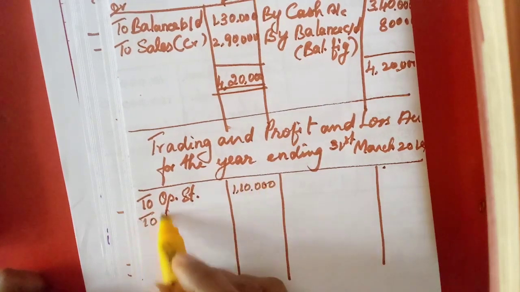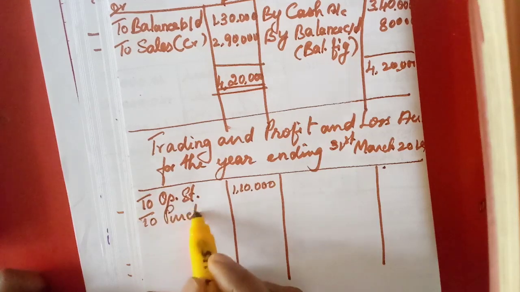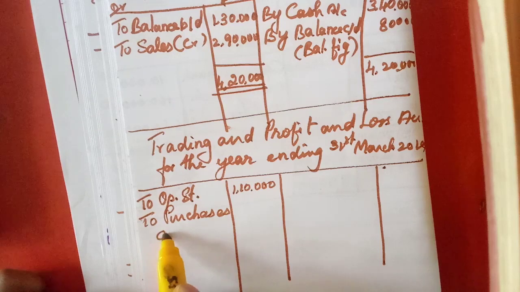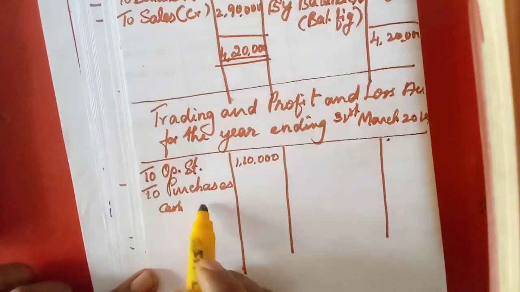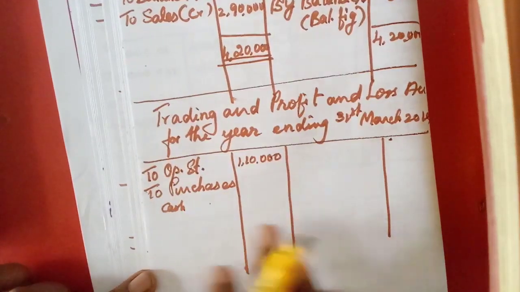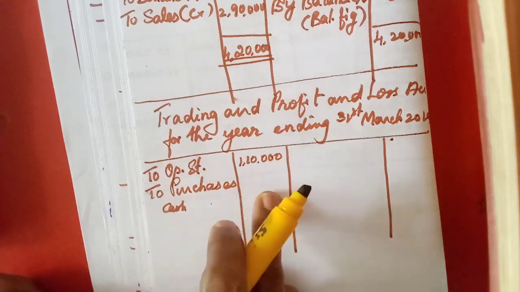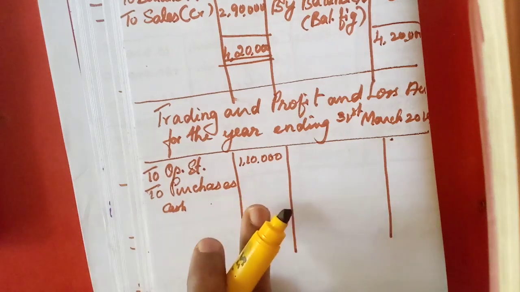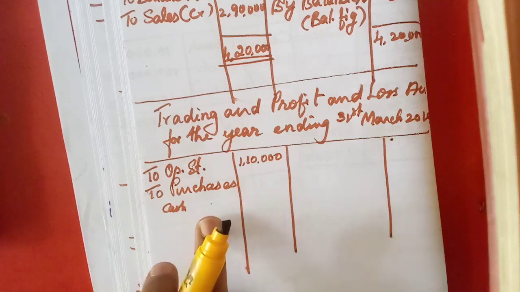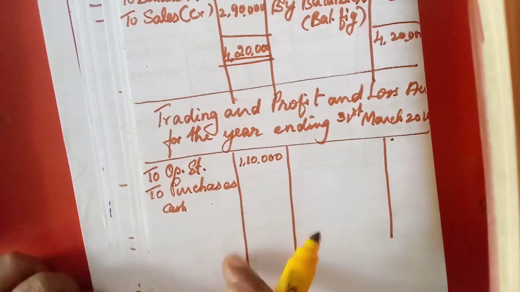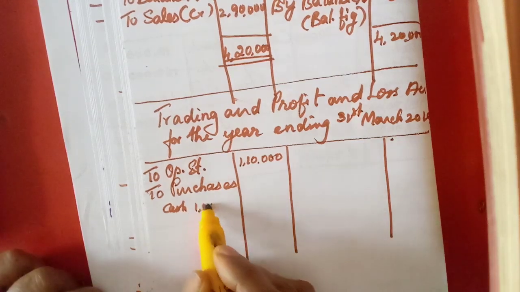Next item is purchases. Here we have two types of purchases. Cash we will write in the inner column. On one side you have two amount columns. In the first amount column you can write here, and this will be the second amount column. What are the cash purchases in the cash book? 1,50,000.